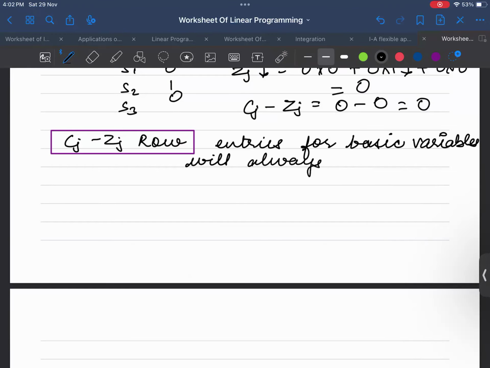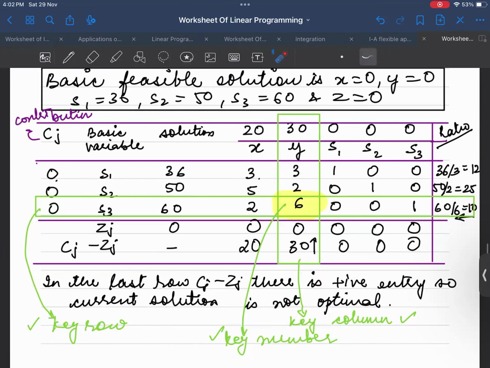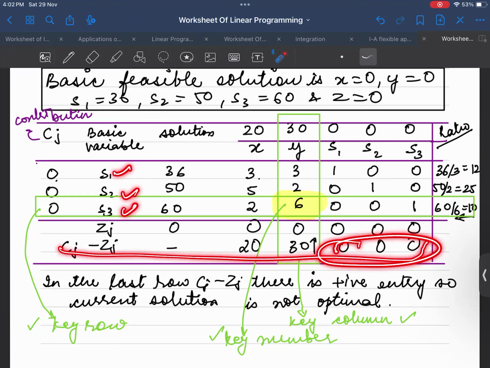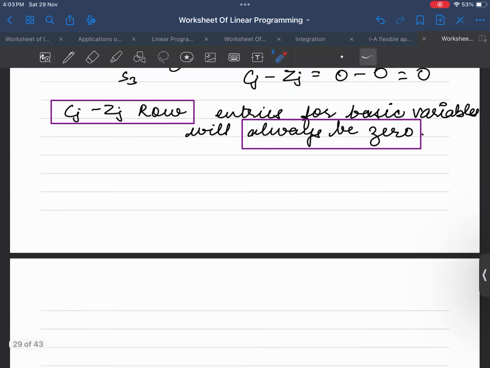They will always be 0. Always remember this, otherwise you have made some mistake if they don't come out so; the reason I will explain. See, I am saying the basic variables, which were S1, S2, S3, their values in the Cj minus Zj row will be 0. Now why? The question comes, why is it so?